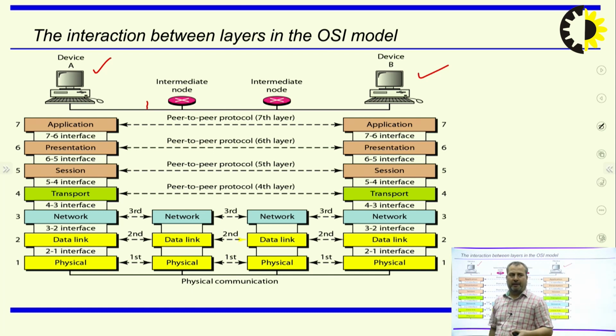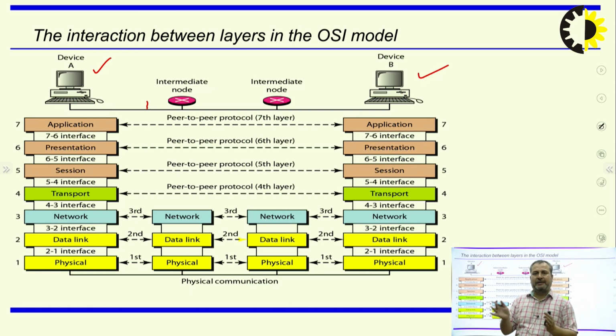The data at each different layer is called the payload. Sometimes the data along with, say, the application layer header is called the payload.